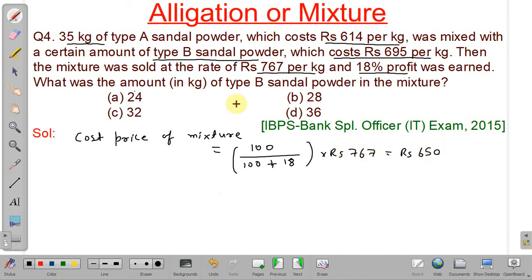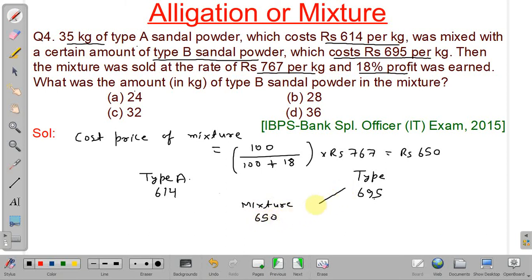Now we need to find the ratio of type A and type B. So suppose this is type A and the cost is given as 614. Here we will write type B. We will use the rule of allocation. Type B cost is rupees 695 and the mixture cost we have calculated as 650.